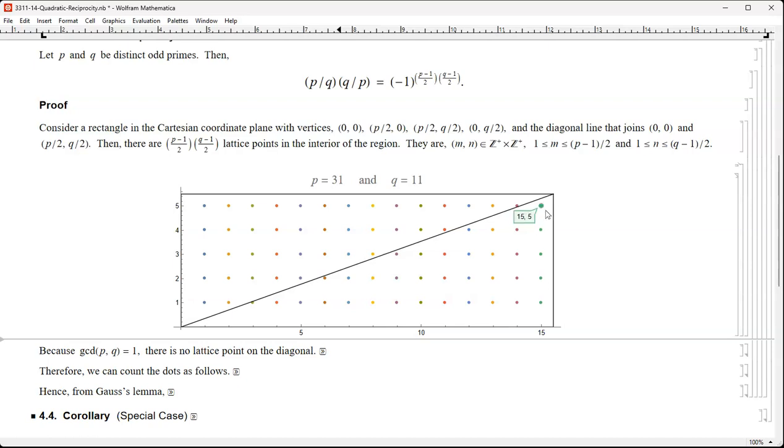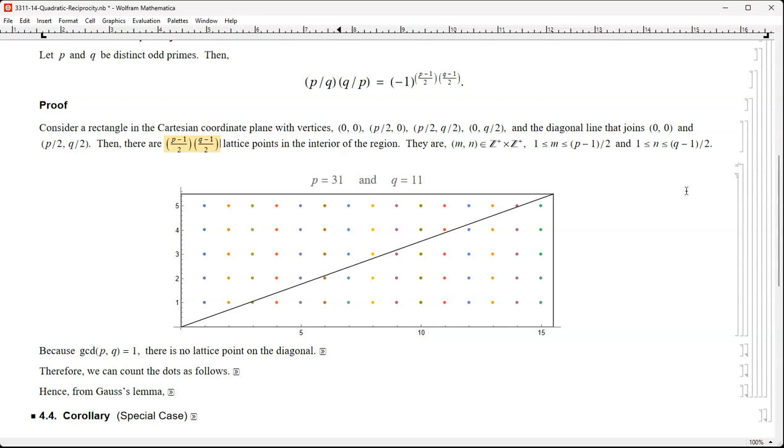Vertically, (q minus 1) over 2 dots. So the product, (p minus 1) over 2 times (q minus 1) over 2, is the total number of lattice points here.